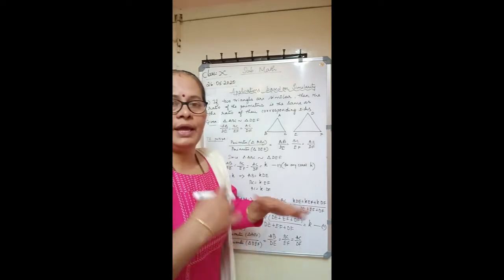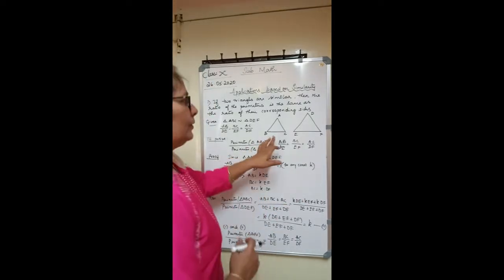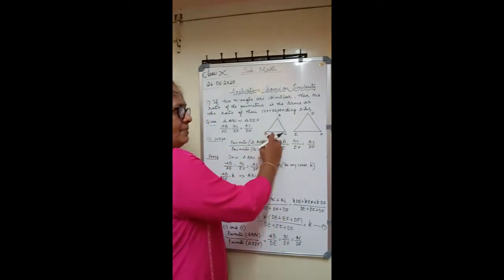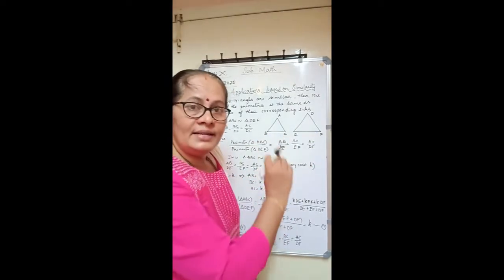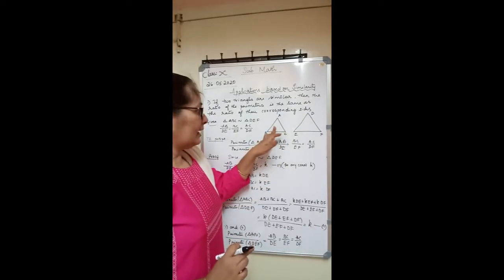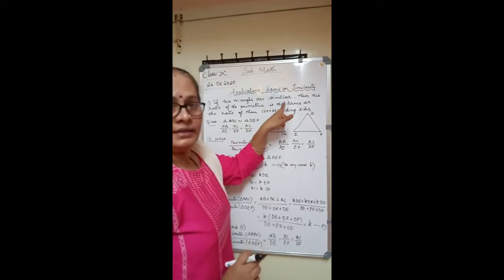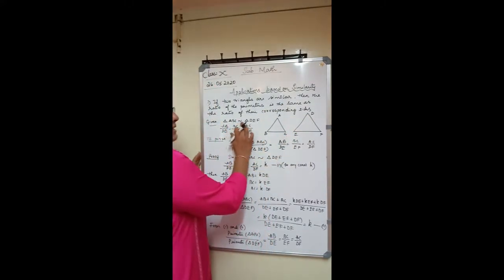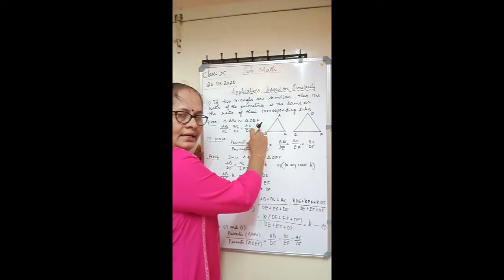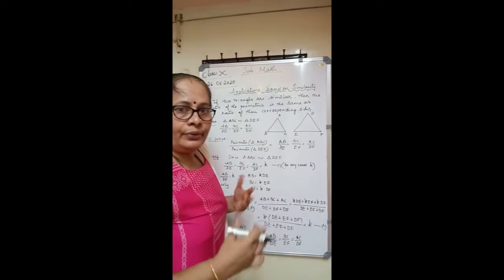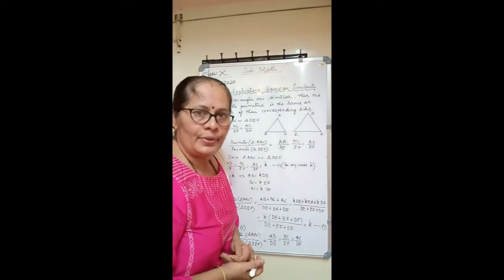Now we'll see how we can prove this. Take two triangles ABC and DEF. In these two triangles, triangle ABC is similar to triangle DEF. Then when the two triangles are similar, you know that their corresponding sides are proportional.